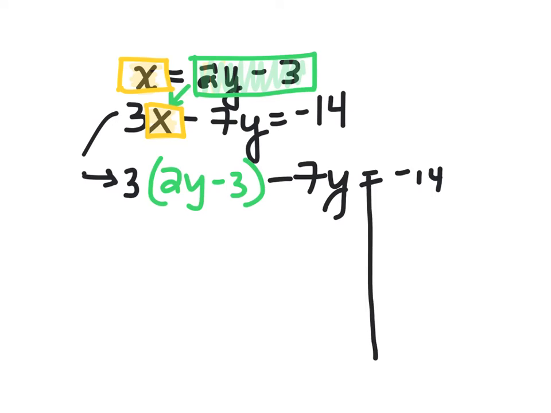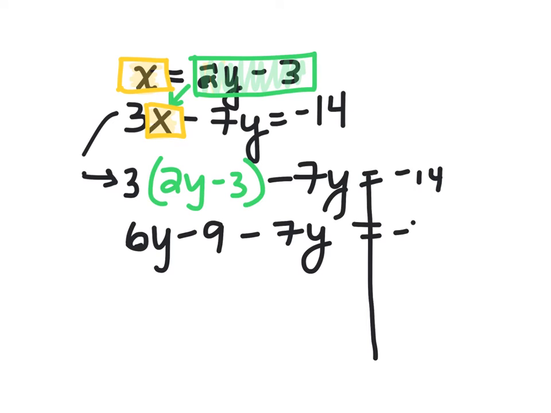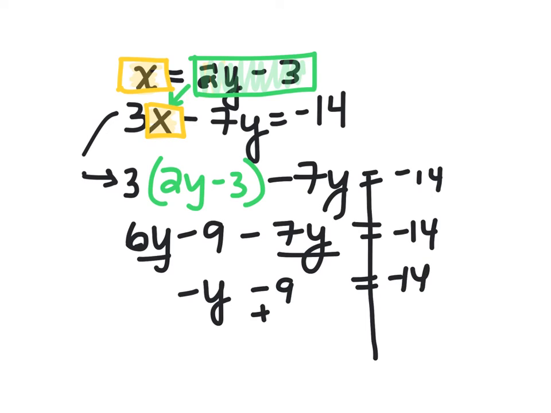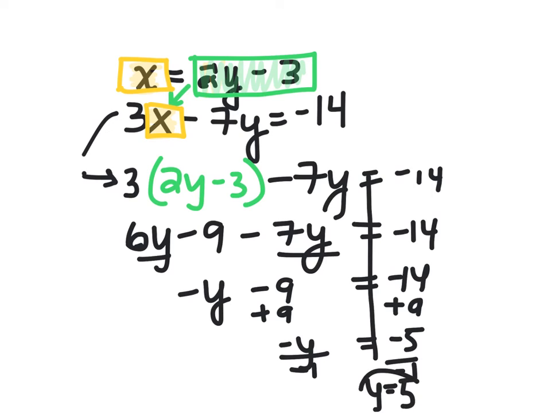Now I can solve for y by distributing the 3: 6y minus 9 minus 7y equals negative 14. Combining my like terms gives negative y minus 9 equals negative 14. Adding 9 to get negative y equals negative 5, dividing by negative 1 to get y equals positive 5.